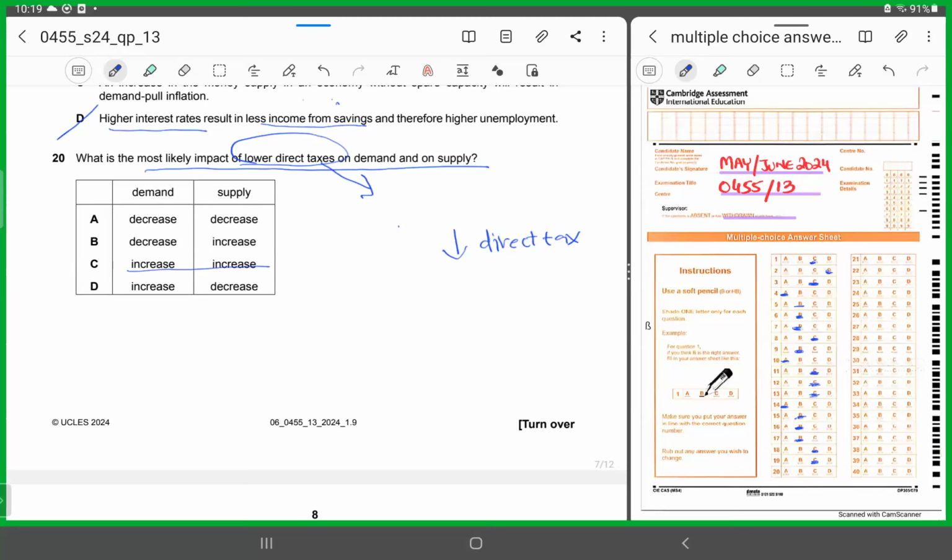So they will be left with more disposable income. Hence, the demand for goods and services will increase. And the supply of goods and services will also increase. Why? Because the firms will be left with more profits. They will be able to repatriate their profits, increase their production level, and the supply of goods and services will also be increasing simultaneously. All right. So for 20, it has to be option C.